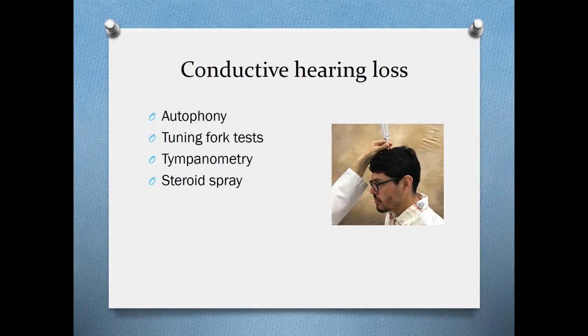But I try to advise them that they should try the conservative management first. That is because often they will come back in a couple of months, even with steroids, and they still have an effusion trapped within the mastoid air cells, and that keeps seeping into the middle ear. And so they still have persistent problems.